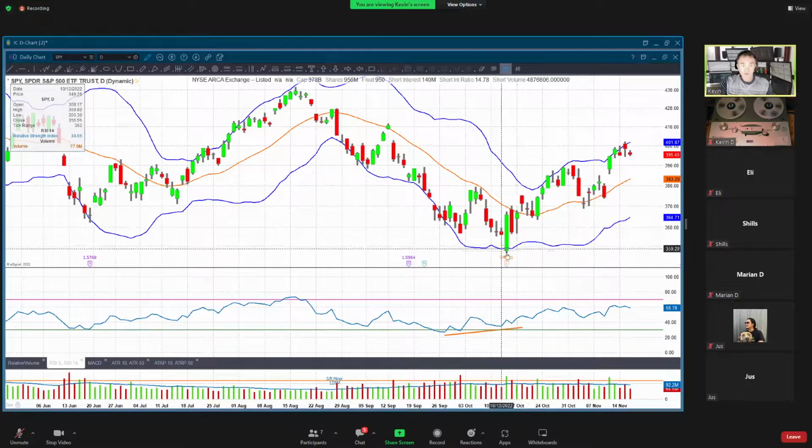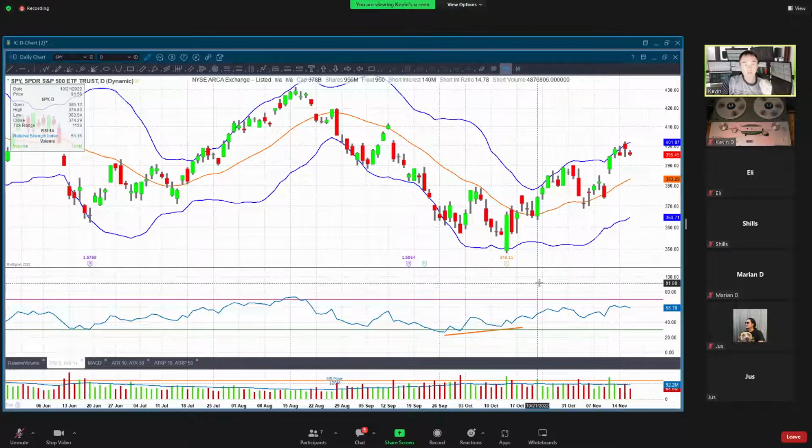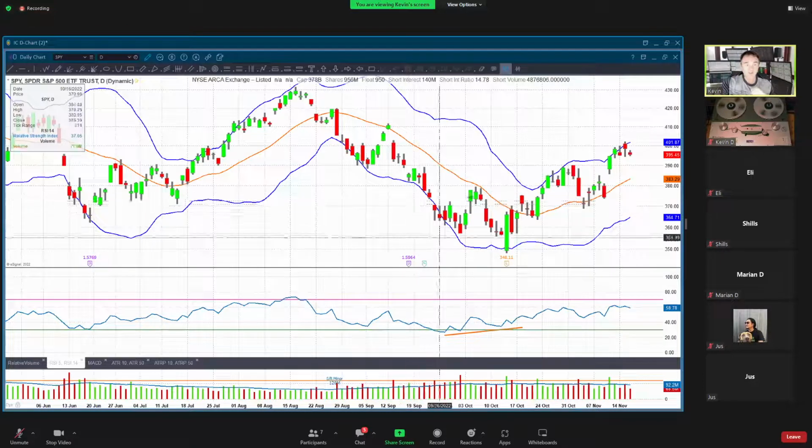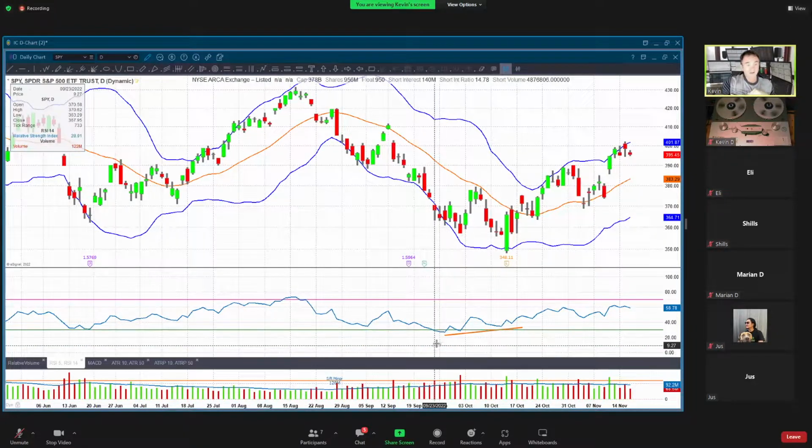Okay, we've got a valid signal. However, was RSI below 25 in this area? Now I'm just going to use my cursor here, and we were on that day around 27. Let's look right there, and I see that, yeah, relative strength index was 26.91.